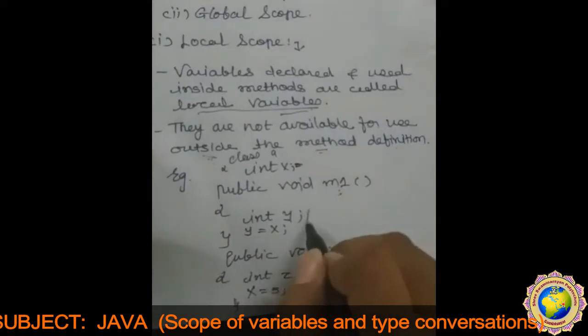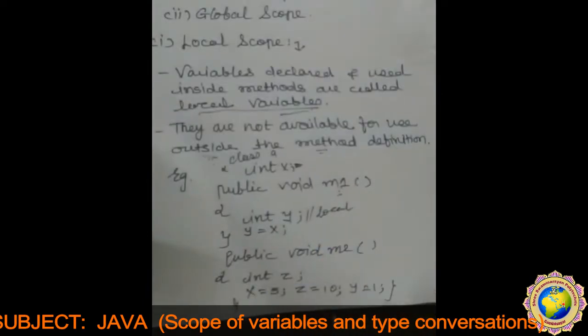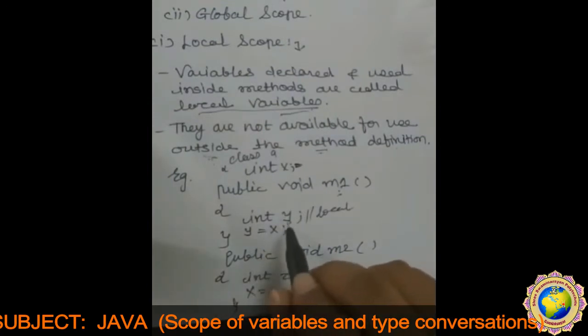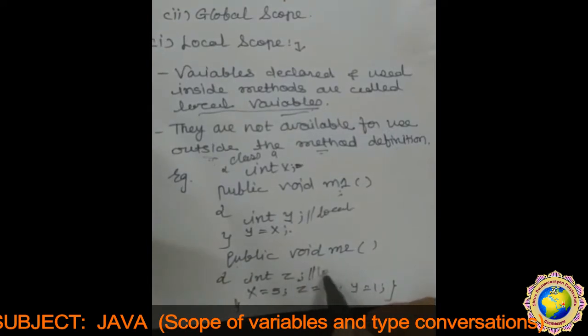So y is the local variable. As well as the next method, public void m2, integer z is a local variable. x is not a local variable, and y is also not a local variable there.